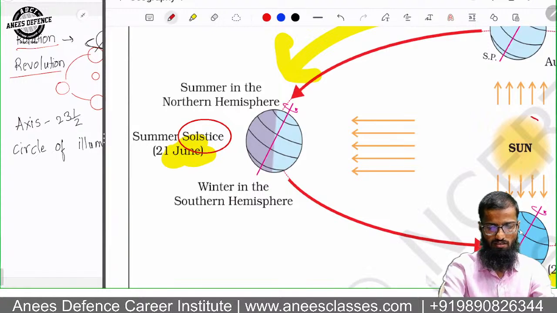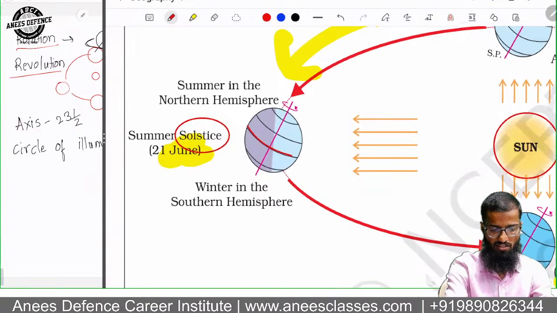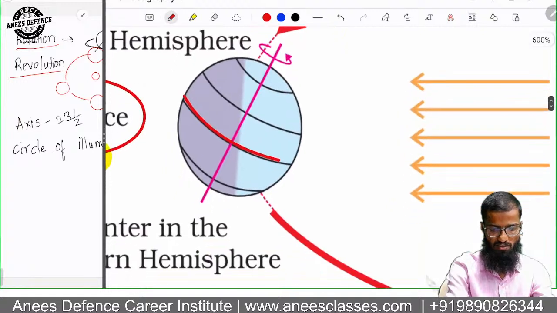Look at this. You will see that, let us say, this is the equator. Yes, this is the equator. I will write it here: the equator.